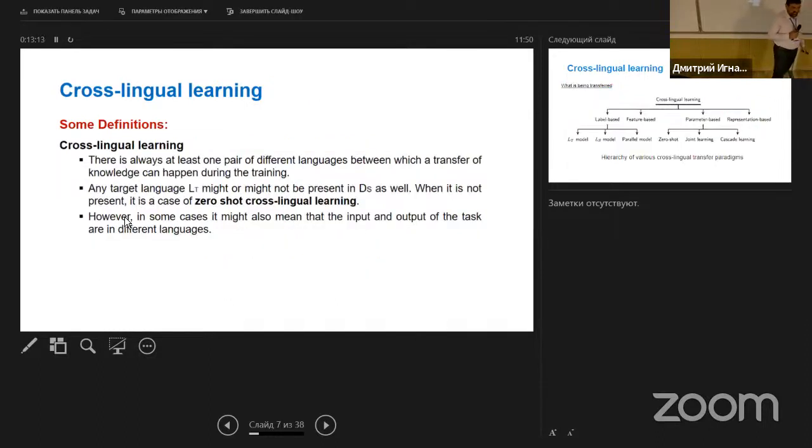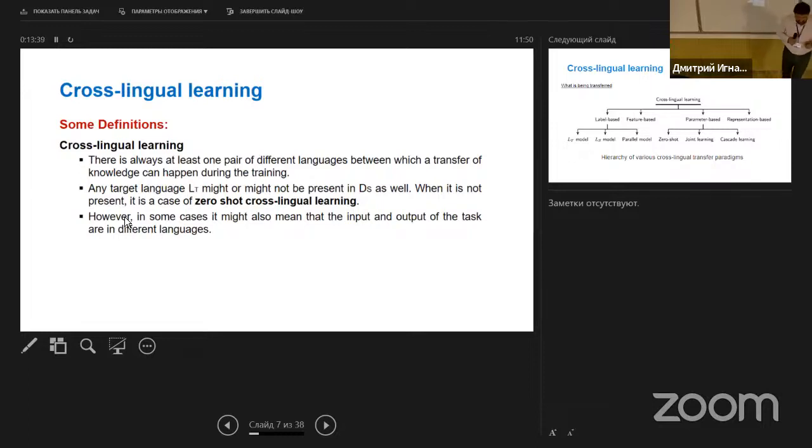So after going through these basic definitions, what is cross-lingual learning? When we are going to apply cross-lingual learning, we should keep in mind that there should be at least one pair of different languages. Then we can apply cross-lingual learning. It means there should be room for transferring knowledge from one language to the other.